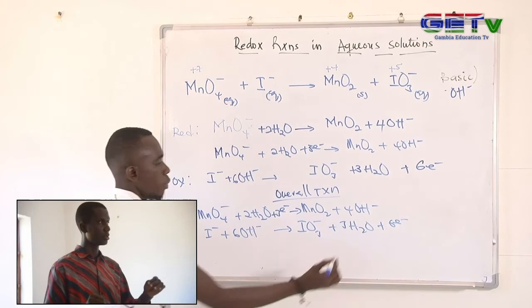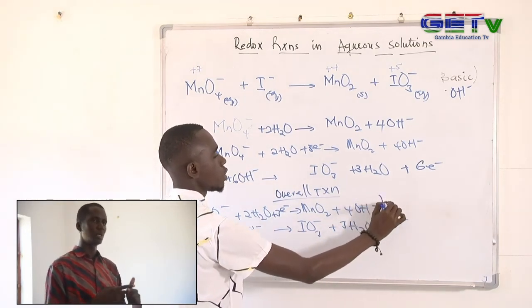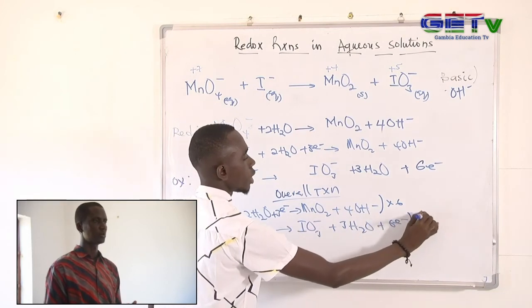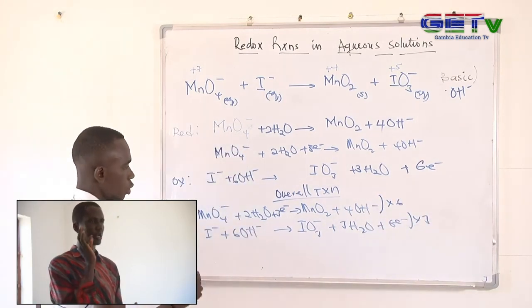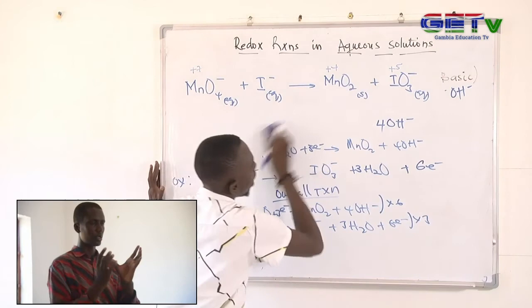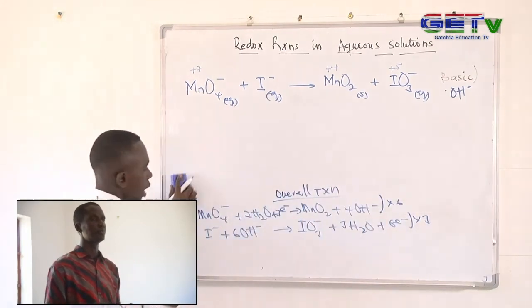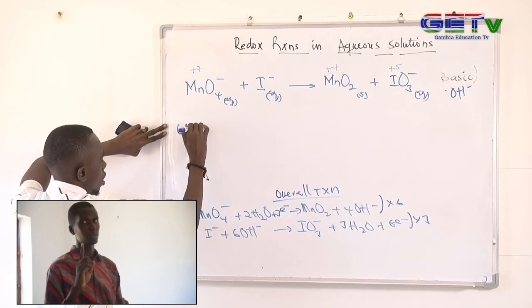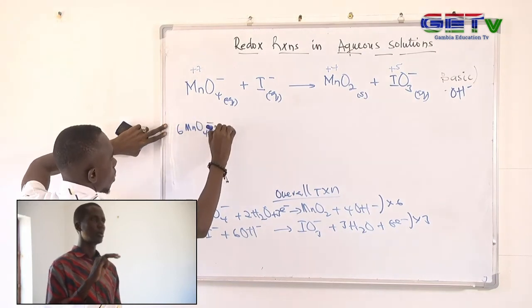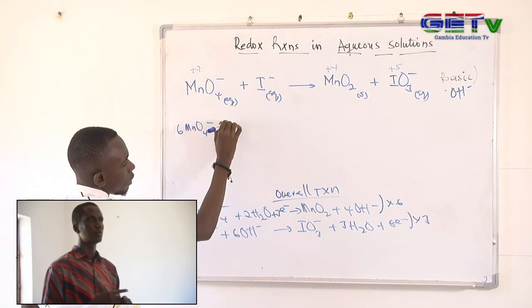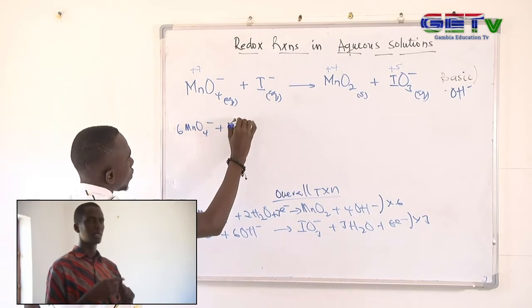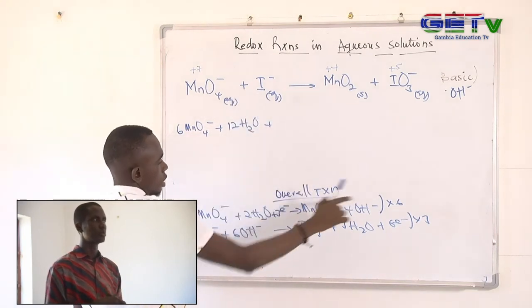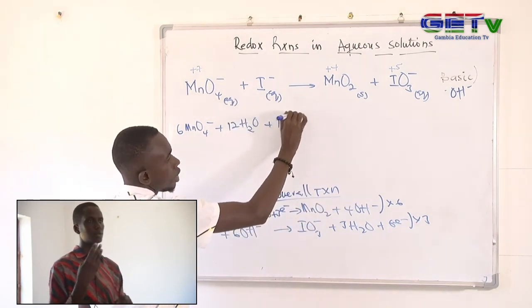So it means we multiply this side by this electron, which is going to be 6. We multiply this side by this electron, which is going to be what? 3. So the overall reaction here that we'll be having will be something like 6 times 1, here we'll have 6 MnO4 minus plus 6 times 2, we have 12 water molecules plus 6 times 3, we have 18 electrons.